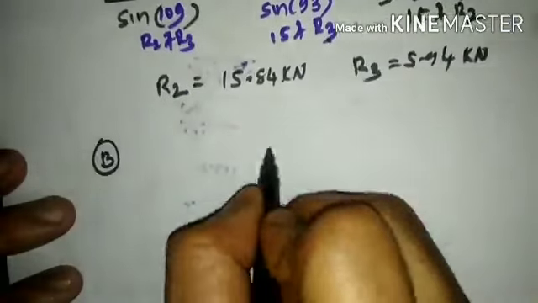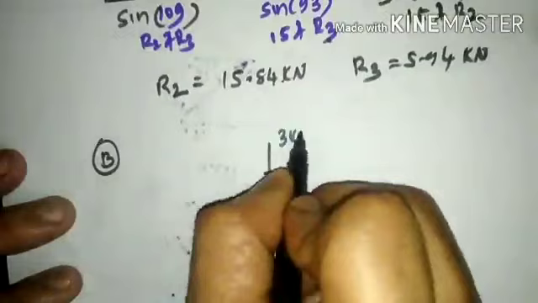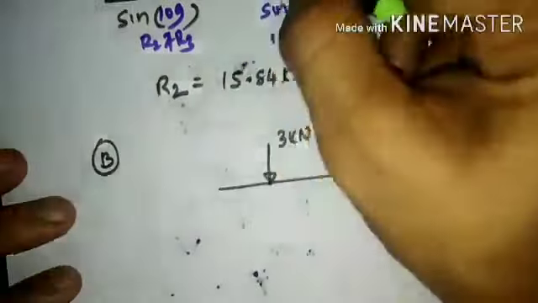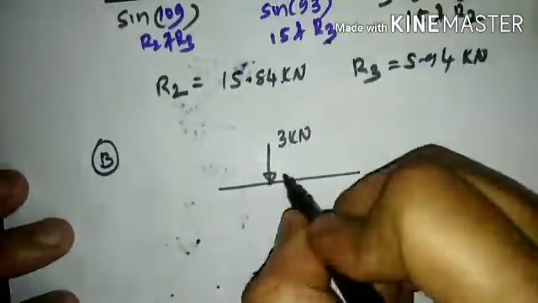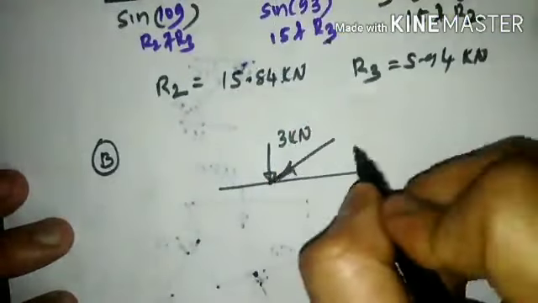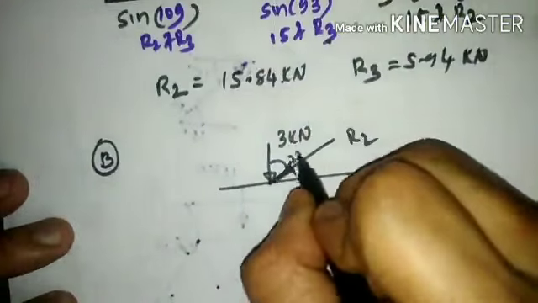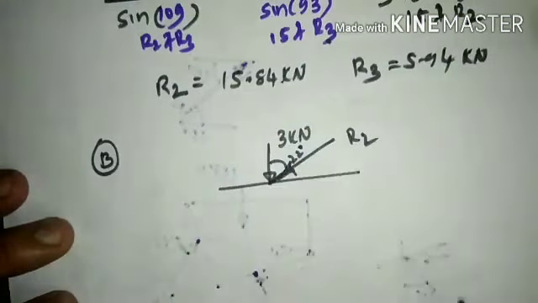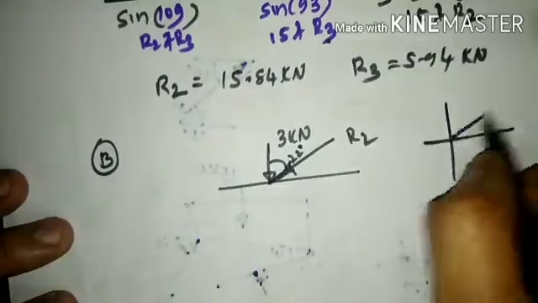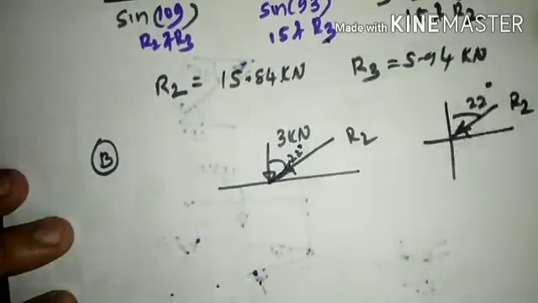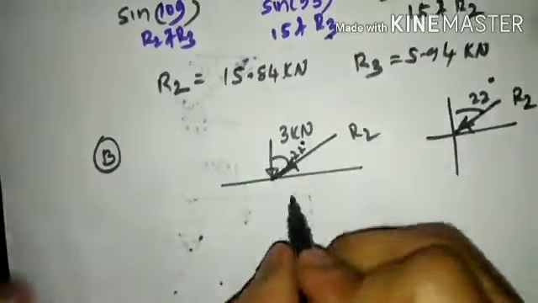If we consider block B, the 3 kilonewton force is acting downward. R2, which was shown in the third quadrant, shall be shown in the first quadrant, making an inclination of 22 degrees with respect to the y-axis. 3 kilonewton is shown downward.